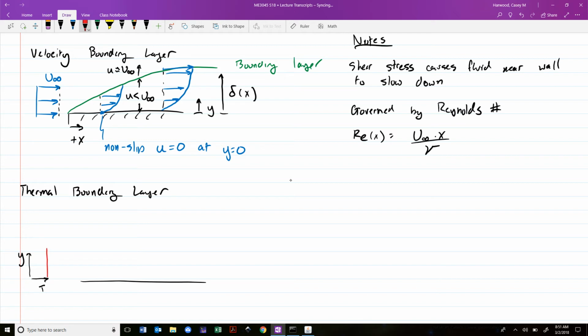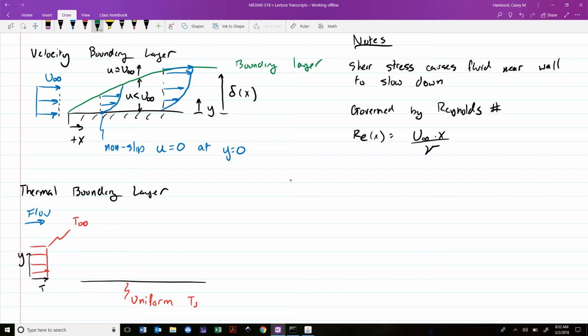The idea is T infinity, so all the fluid upstream that's flowing from left to right has a uniform temperature T infinity, and this solid surface here has a uniform temperature of Ts. So Ts and T infinity are constant. Okay, those are just fixed numbers that we're assuming to be totally unimpeachable.